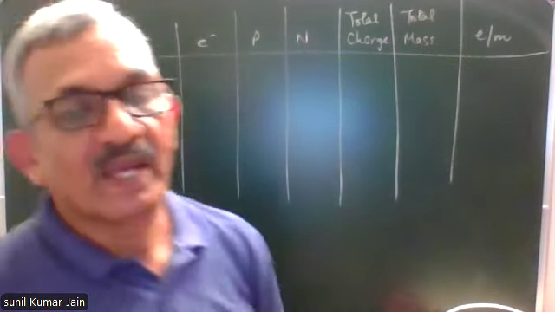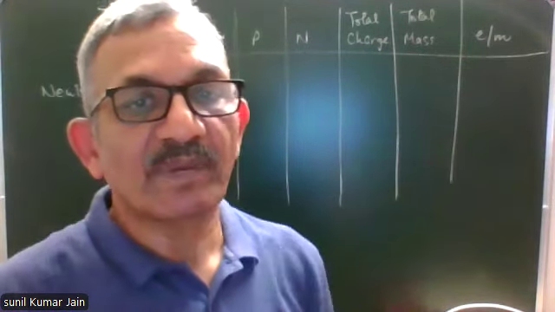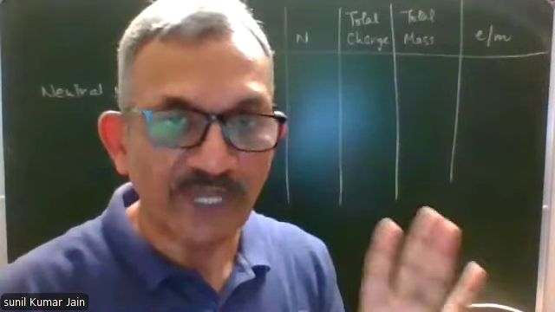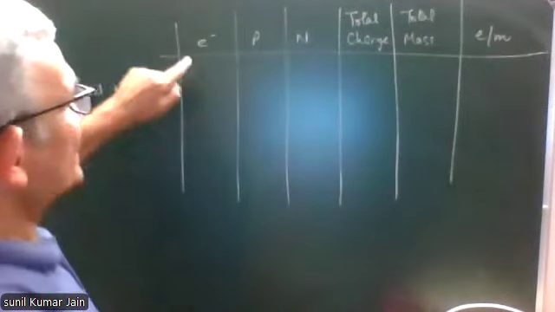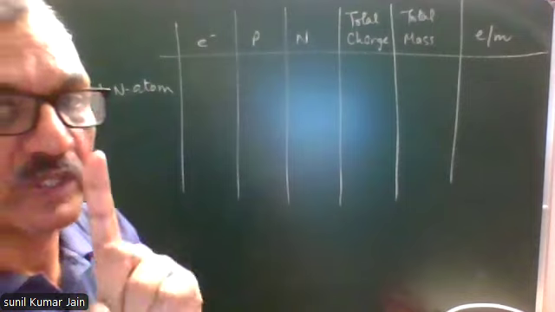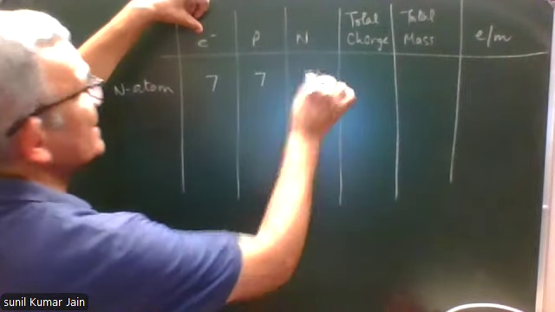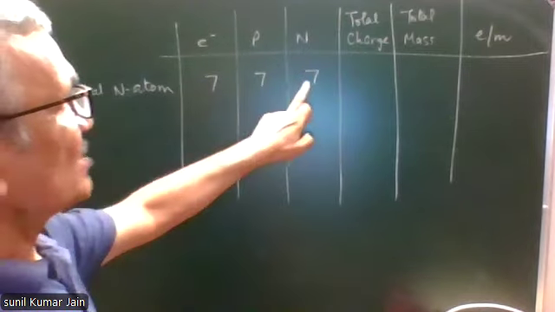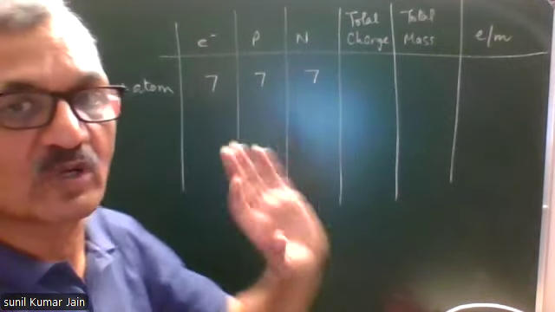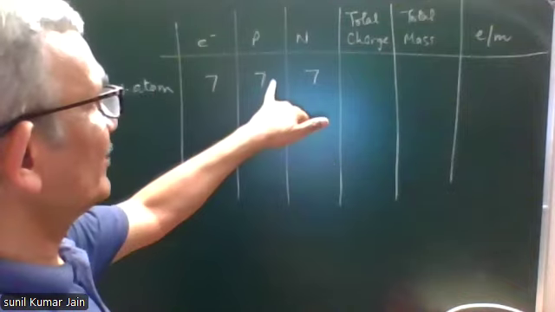Just understand. Now, what we know about nitrogen atom today is that one neutral atom of nitrogen contains 7 electrons, 7 protons, 7 neutrons. Mass of one neutron and mass of one proton is almost equal. That is 1 unit of mass.